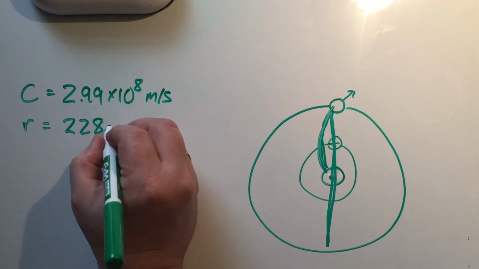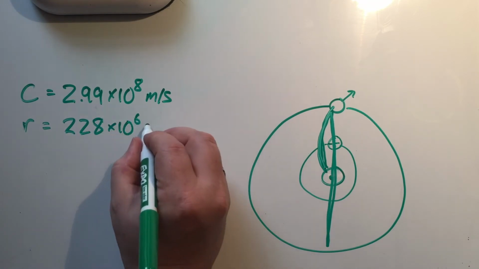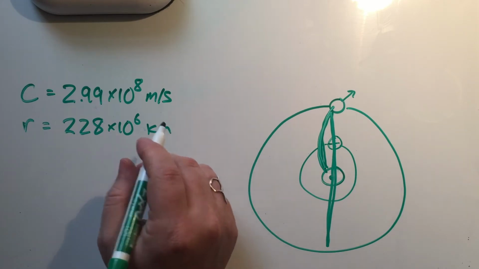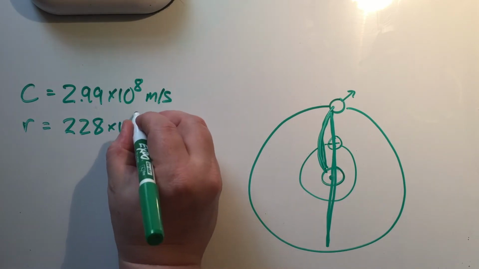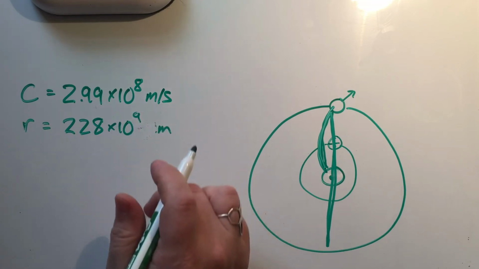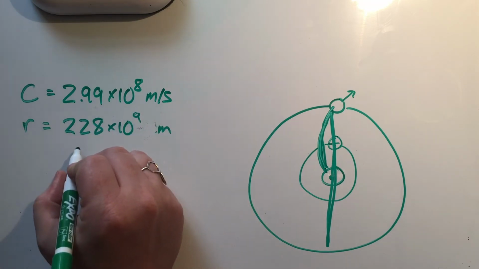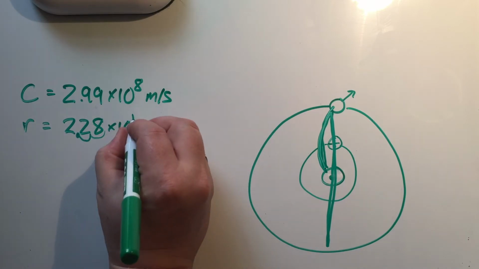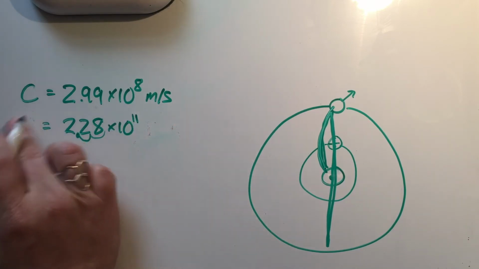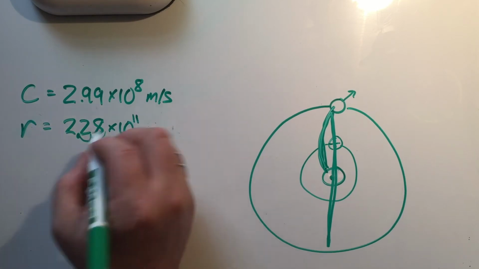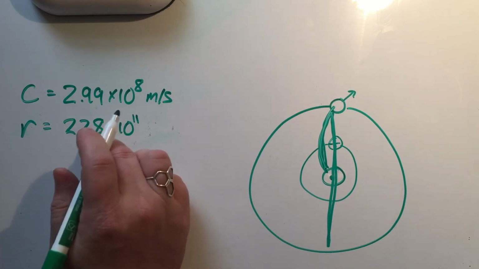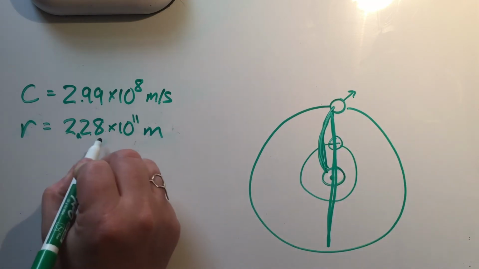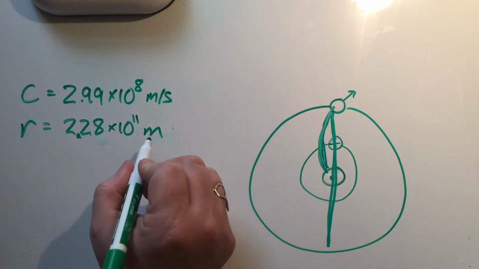That would be times 10 to the 8th, but that's still in kilometers, so we want to make sure we turn this into meters. So let's add another 3 up here to make it times 10 to the 9th meters. And then, moving over to scientific notation, let's add 2 more. So our final answer should be that the radius of the orbit of Mars should be 2.28 times 10 to the 11th meters.